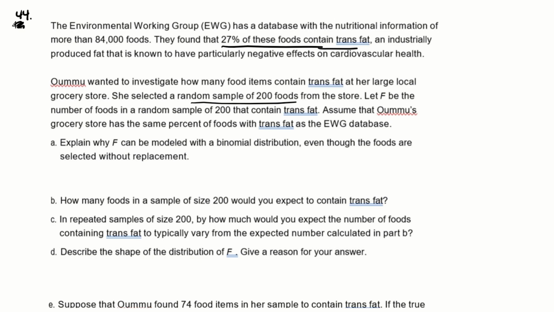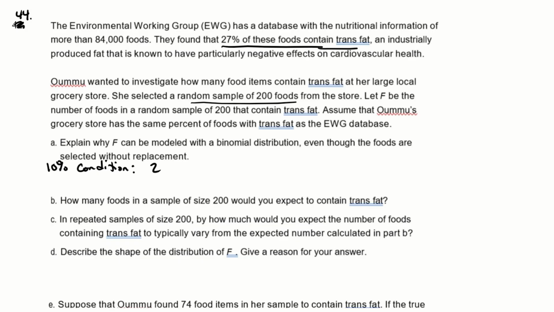Well, the 10% condition, right? It says, so if we were to do the 10% condition, we have 200 foods, right?